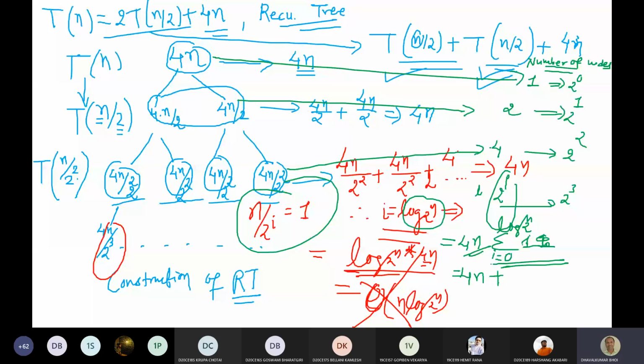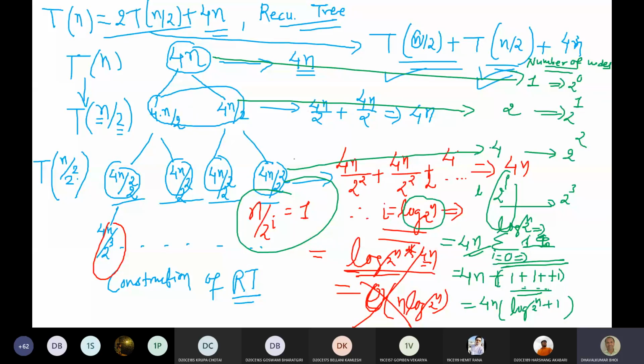So what is left in the bracket? 1 plus 1 plus 1. How many times do I need to write this 1? The loop starts from 0 to log n base 2, so actually how many times? It is log n base 2 plus 1 times.